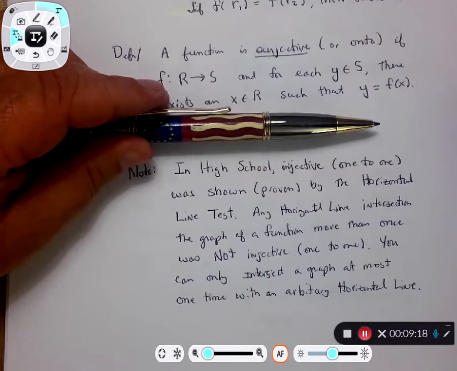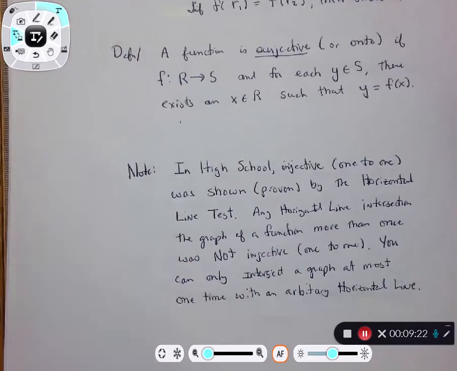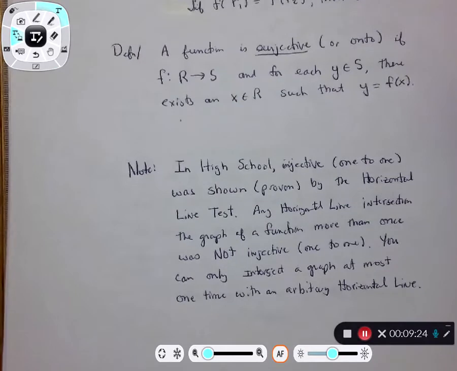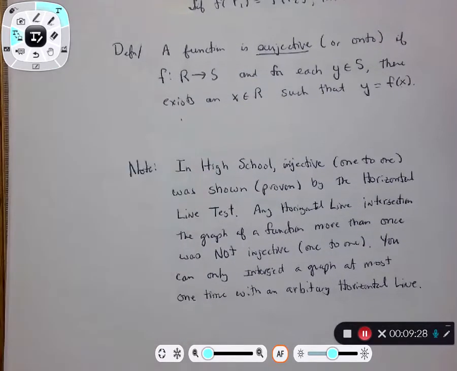It's not injective. If a horizontal line only intersects the graph at one spot, then we call that injective. So this was that horizontal line test. But the problem with that definition from high school is you were required to graph the function. Well, we're playing around with the rings, and there will be no graphing of this particular material. We got mappings is what's going on.